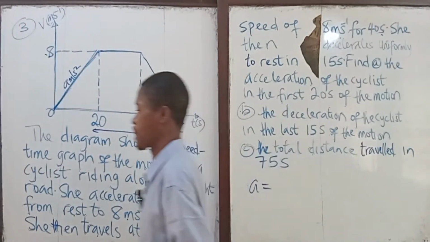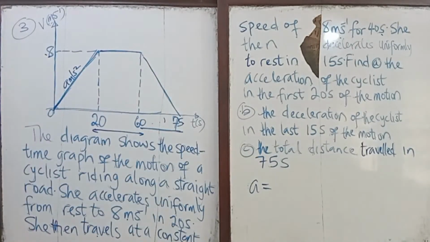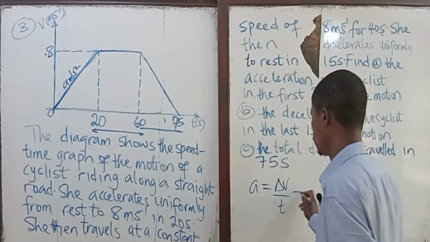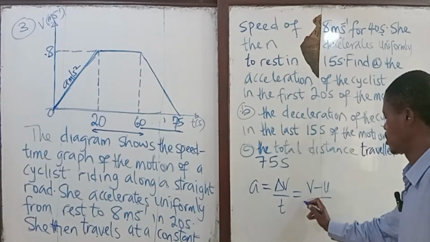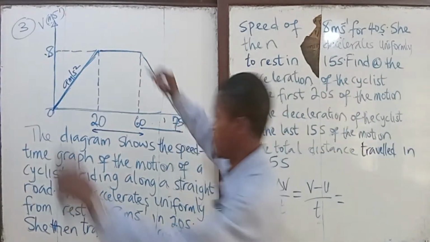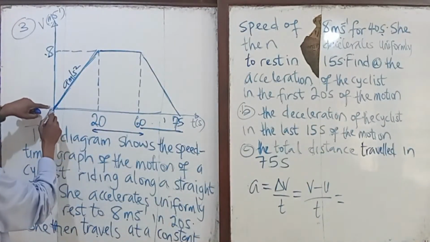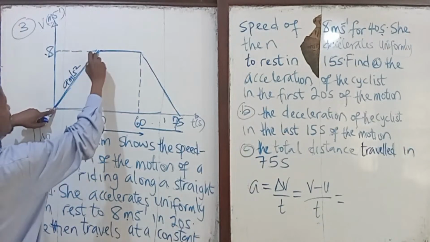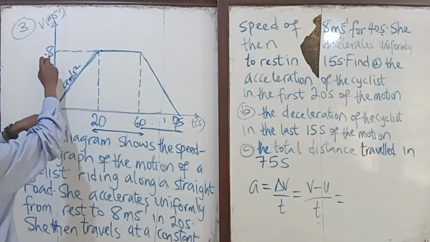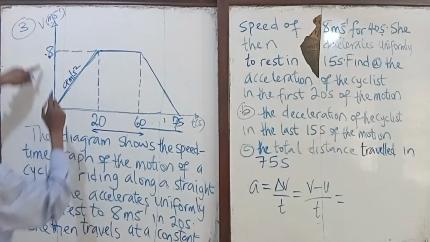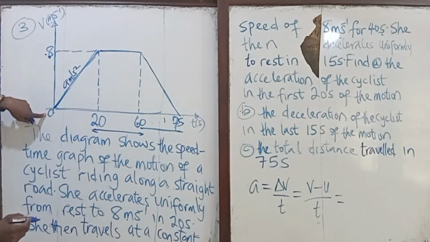Acceleration has this formula. The acceleration is a change in velocity over time, which is the final minus initial over time. And you can get that from the beginning of the motion. It starts from the origin, it accelerates, and you attain the speed of 8. So 8 is the final, initial is 0.